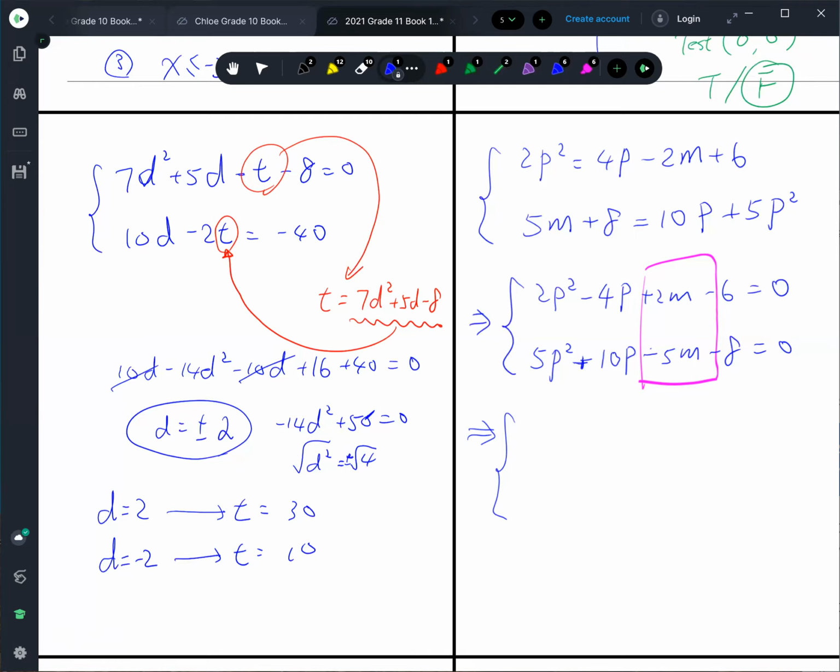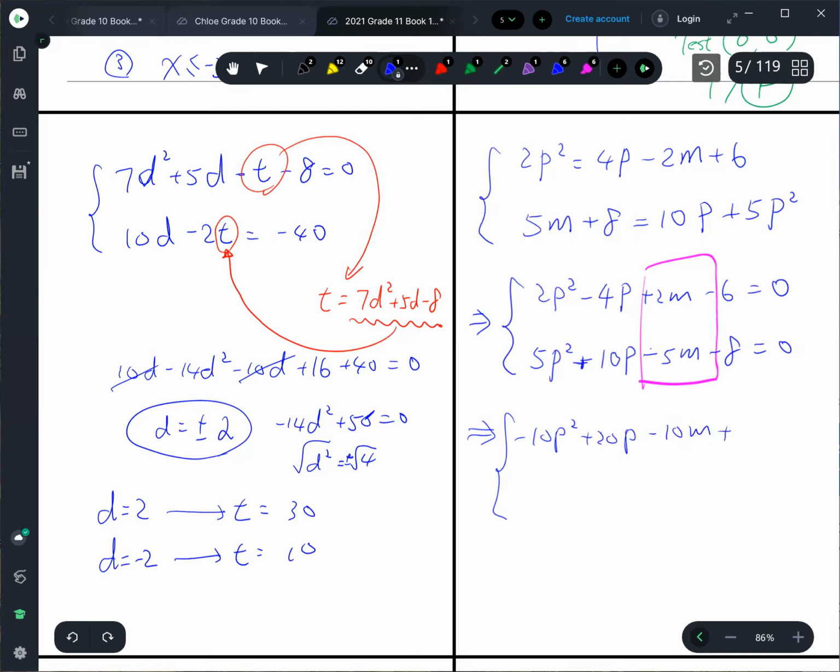So it becomes -10p squared plus 20p minus 10m plus 30 equals 0.